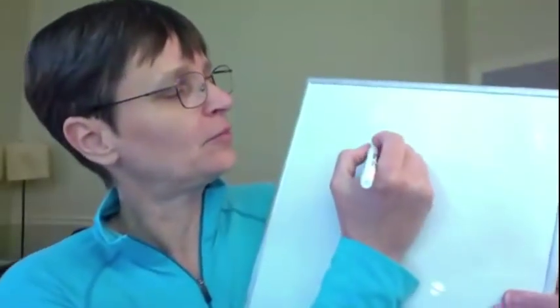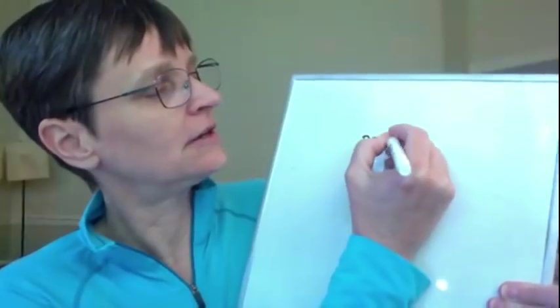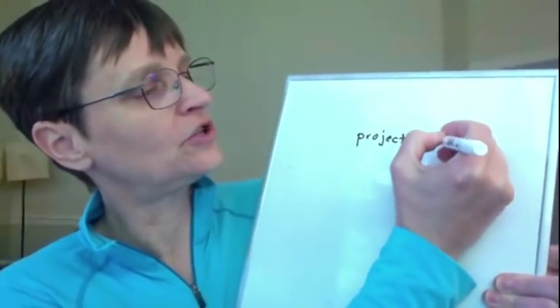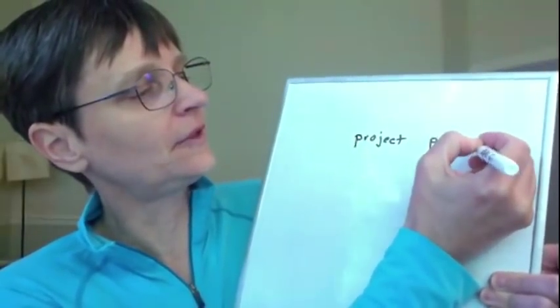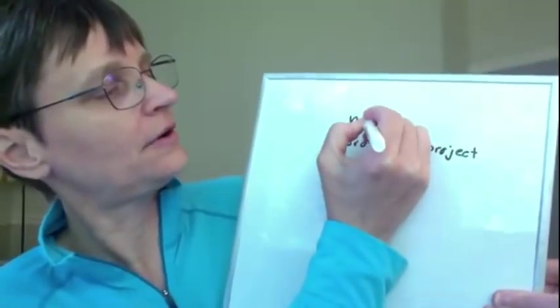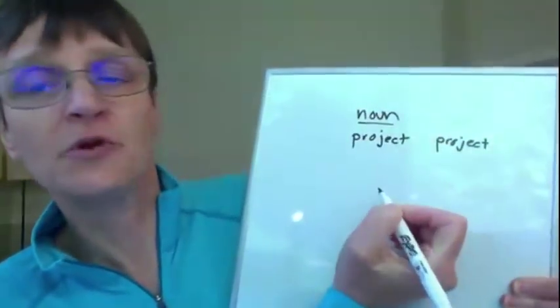And the other rule that is consistent for syllable stress is nouns and verbs. So if I'm talking about a word that is the same spelling for both the noun and the verb, for example, the word project and project. For the noun, I have a project I'm working on.